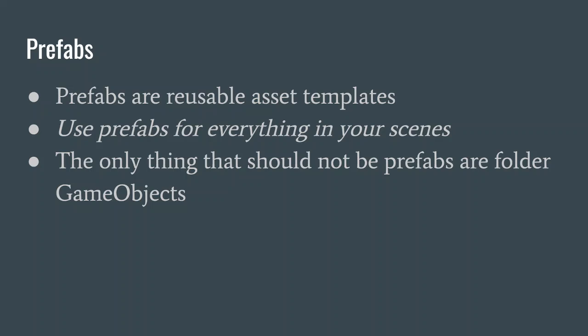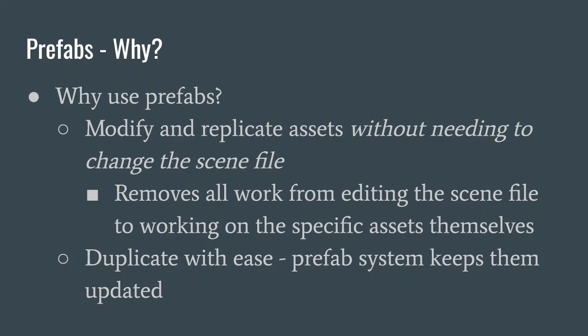That avoids the whole issue of multiple people working on the same scene file at the same time if it's not necessary. Basically the only time the scene file should be modified is if people are adding things or removing things from the scene. That's the only time. So it removes all the work from editing the scene file, and you just work on the specific assets themselves. It's really clean. Everything just works out if you use prefabs.